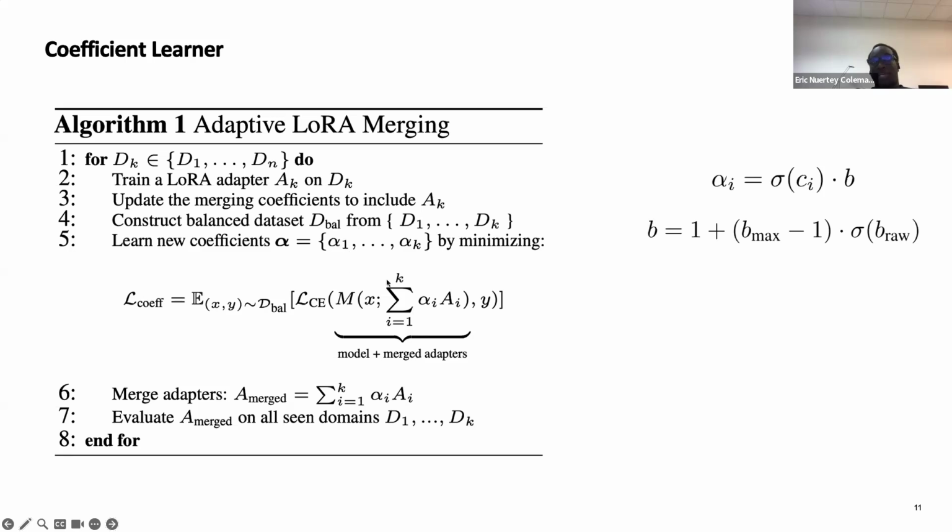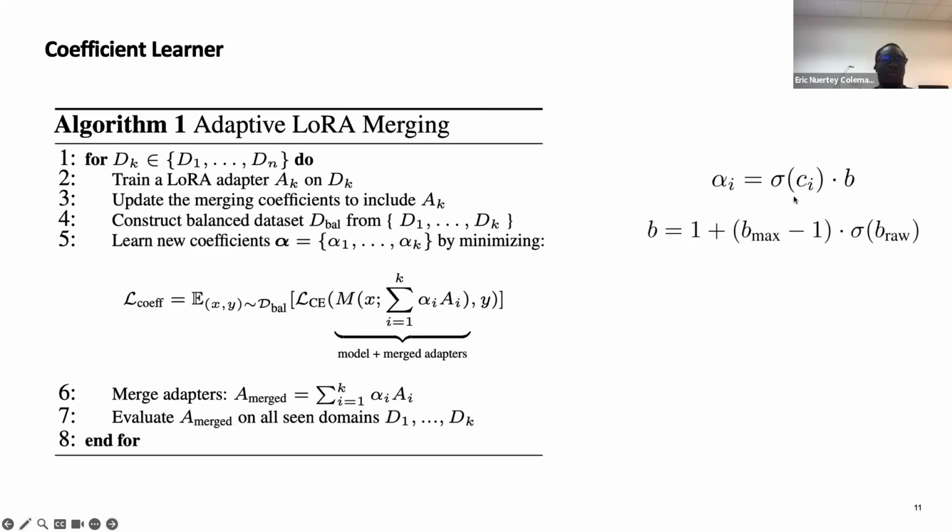So for each domain, at the start, we firstly get the initial coefficients. Here we have these trainable parameters, and this here is a sigmoid, so it keeps the values within a range of 0 and 1. And we have this bias term, which is a positive bound term. We use this to scale the coefficients because the sigmoid keeps it within a range of 0 and 1.